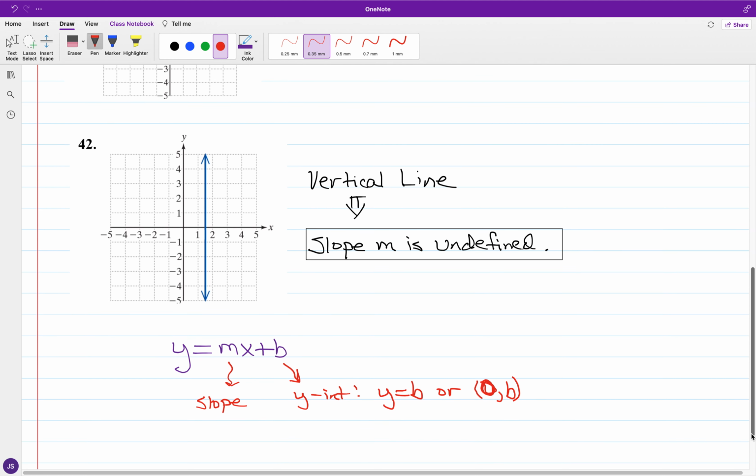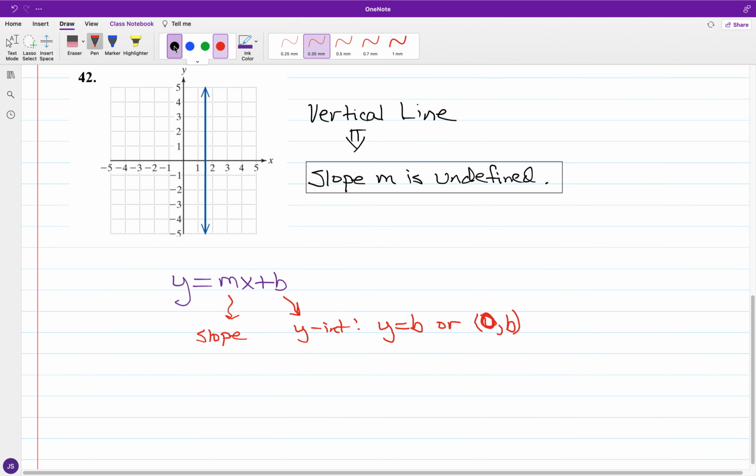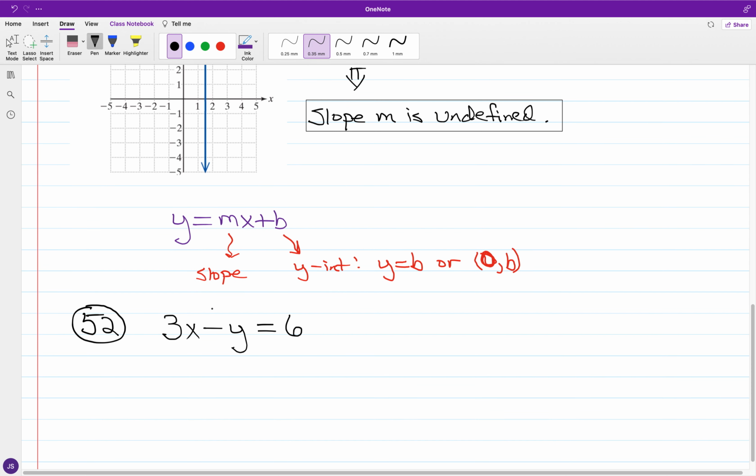And for the priority of looking for the slope-intercept equation, we have in number 52 an equation in the variables x and y where we have both variable terms on the left hand side, and I want to get this equation in terms of y equals.